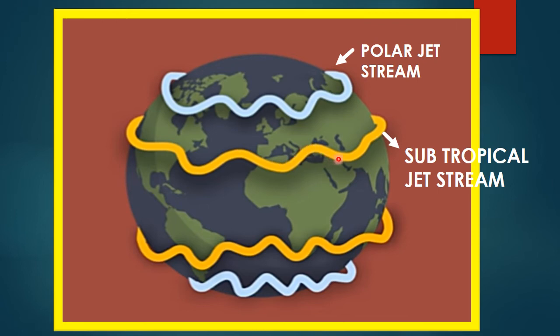This happens because the difference between warm and cool air masses causes these jet streams to move at a very high speed. That is why they are called streams, like a river flows, but jet streams, like a jet, fly at a very high speed.